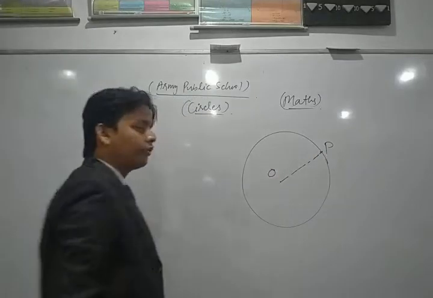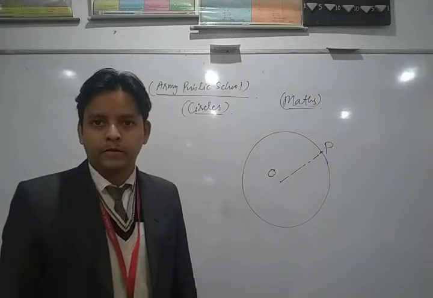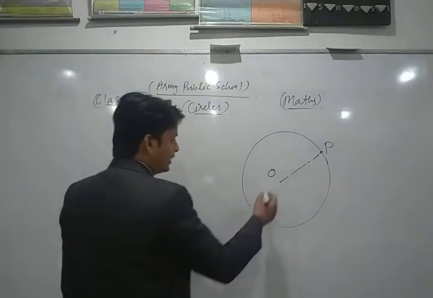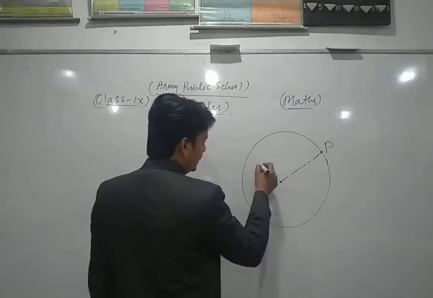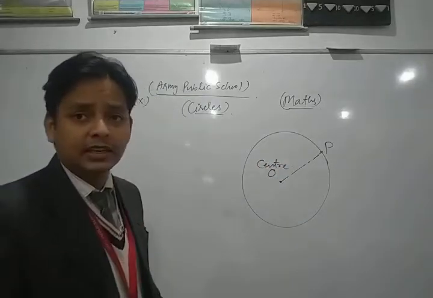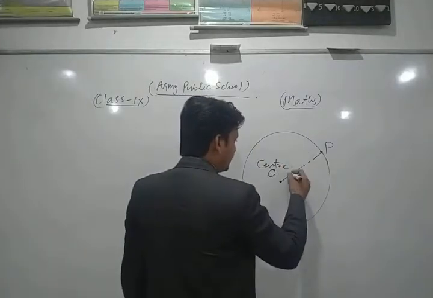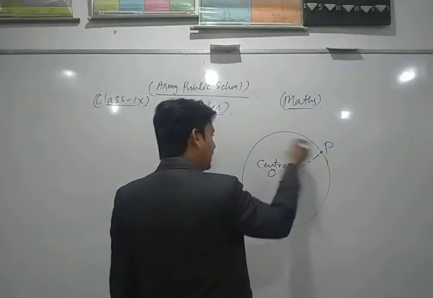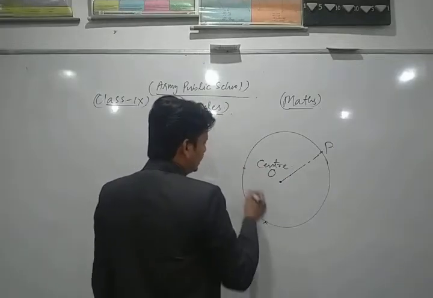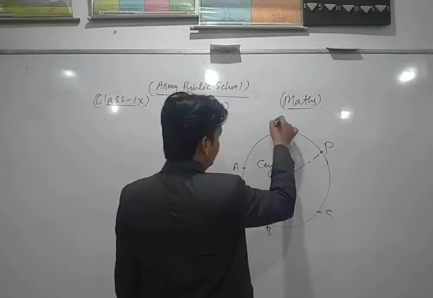Then the path of the moving point P is called a circle, and that fixed point is called the center of the circle. And that constant distance is from the center to any point on the circle, like A, B, C, P, Q.